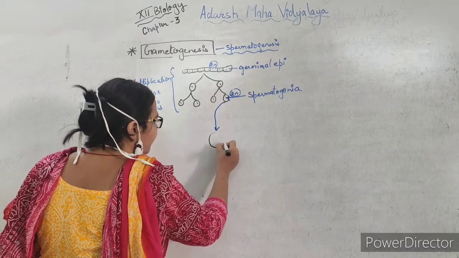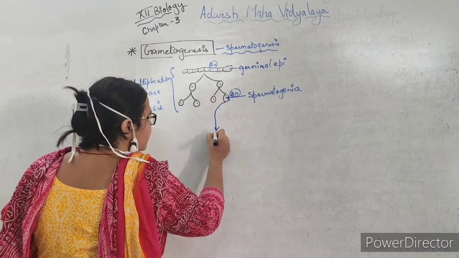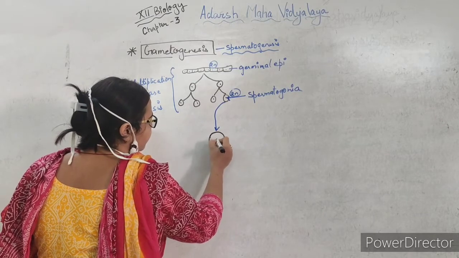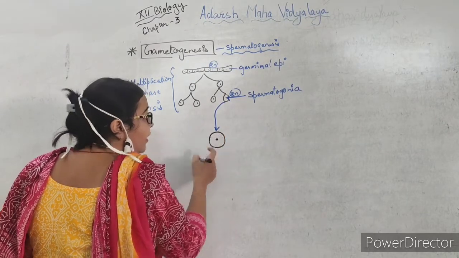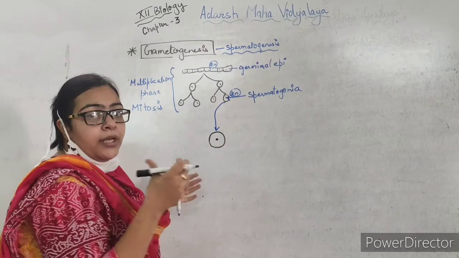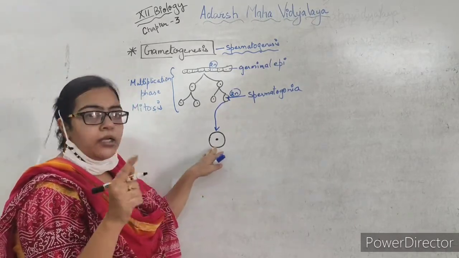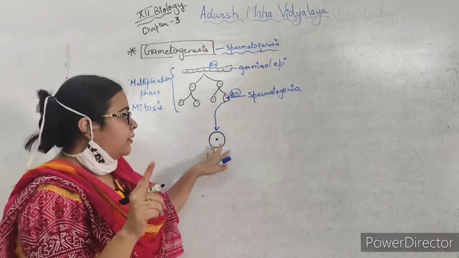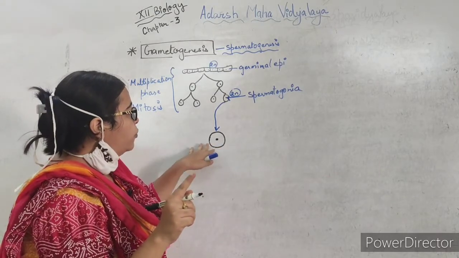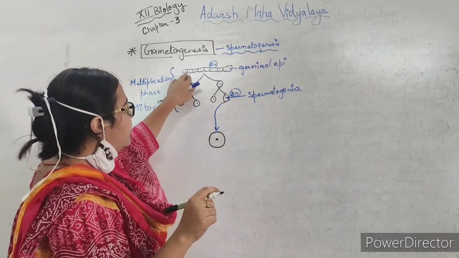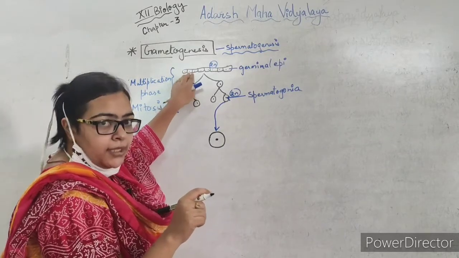Now this cell will undergo the second phase, which is the growth phase. So in growth phase, it just enlarges itself. This enlargement is due to the accumulation of the nutrients, but these nutrients are not from the Sertoli cells. These nutrients are secreted by the germinal epithelium.